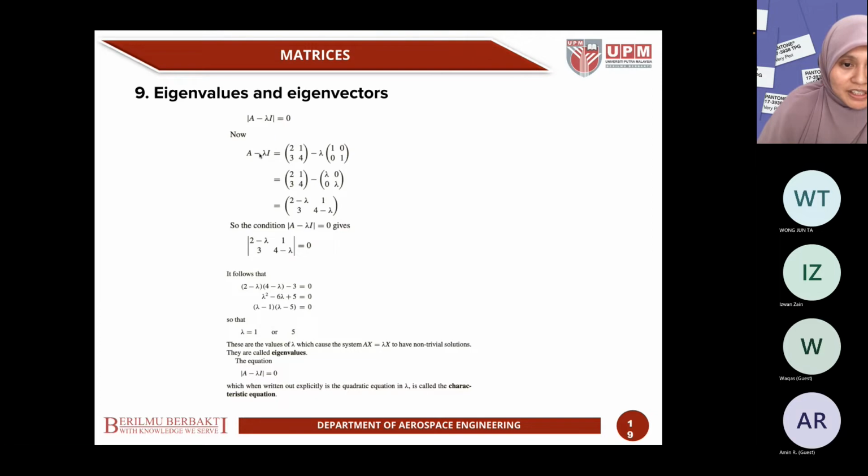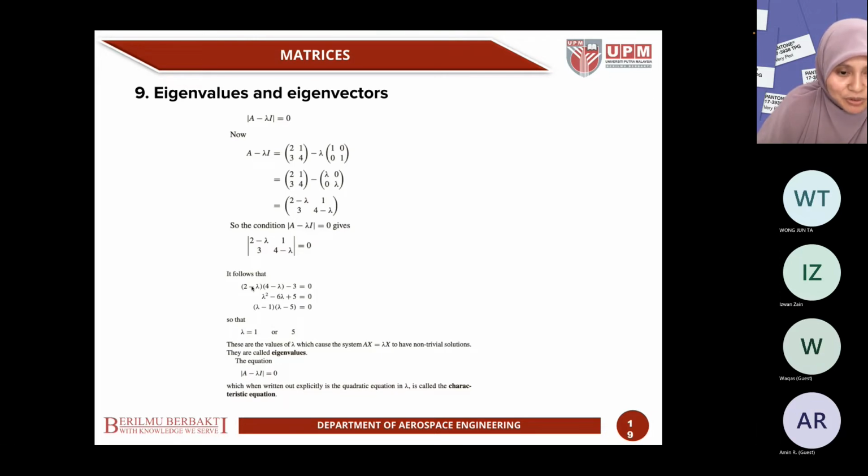So A, the matrix A just now, minus lambda I, where I is the identity matrix. You input the lambda here, so you get this new matrix A minus lambda I. The condition is that this determinant is equal to 0, so you get this form equals 0.